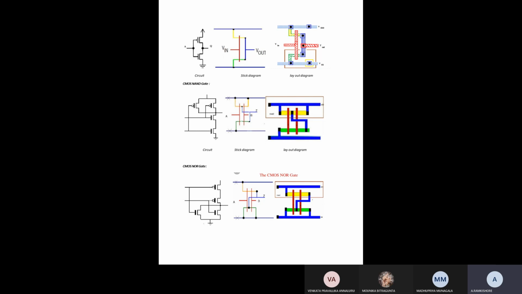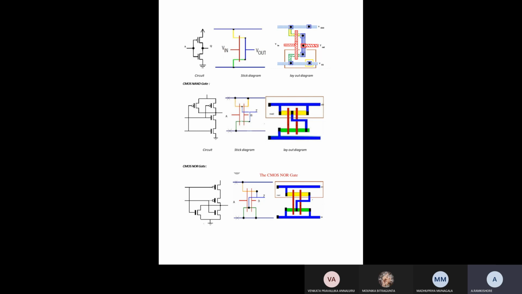Clear? So next one, CMOS NAND gate, complementary metal oxide semiconductor NAND gate. Here for the CMOS NAND gate, we have to connect two p-type transistors in parallel and two n-type transistors in series, to implement Y = (A·B)'. For the transistor diagram, we draw a stick diagram.